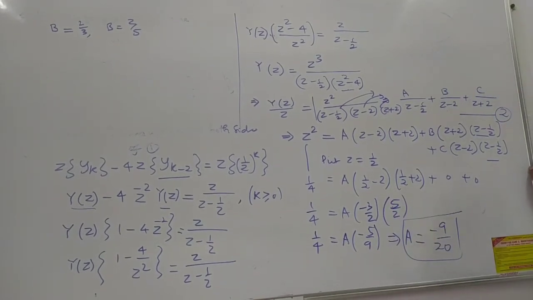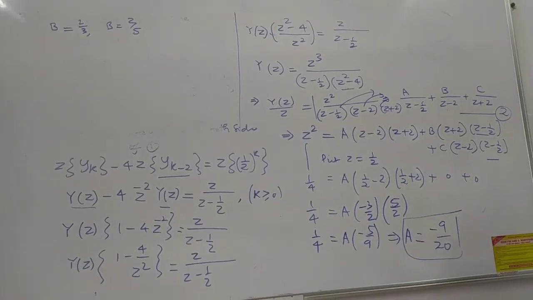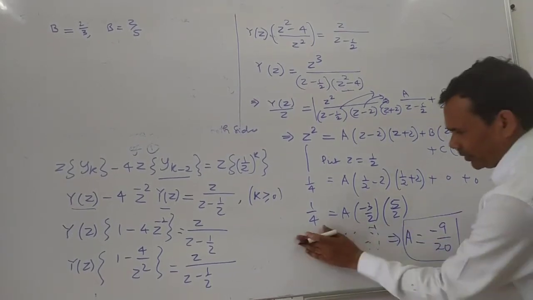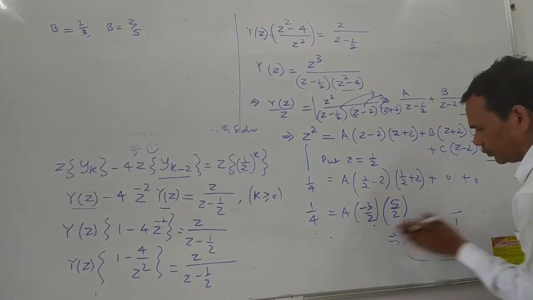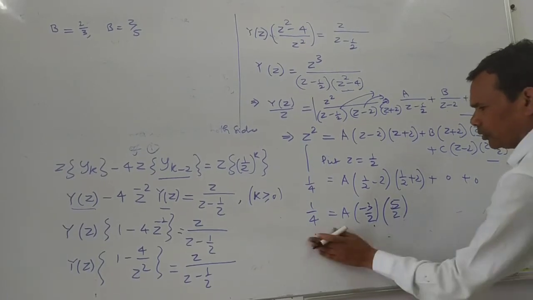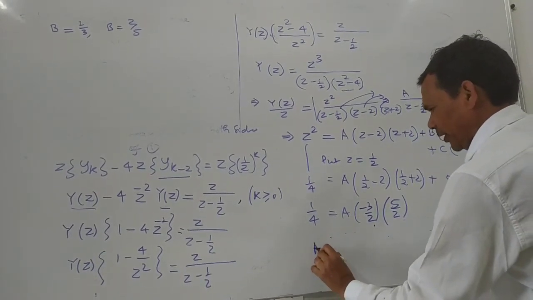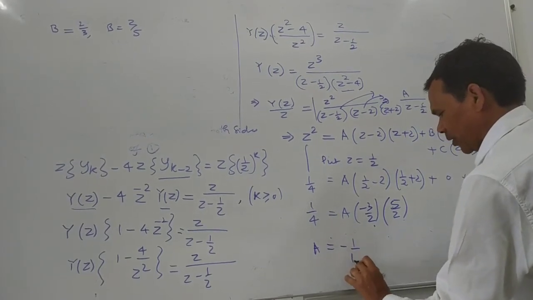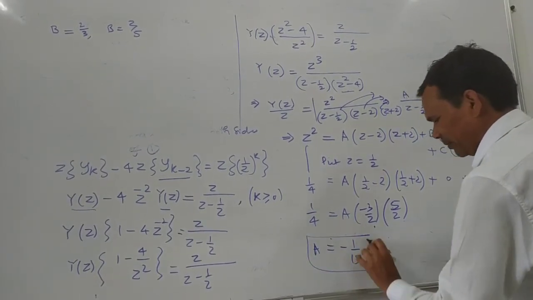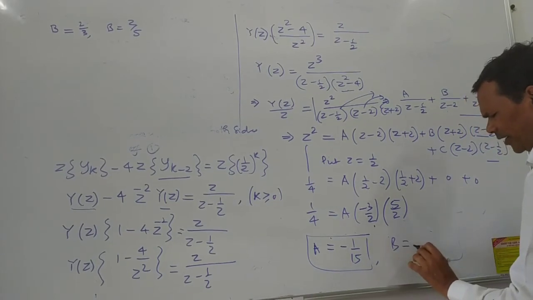If you simplify this, the 4 gets cancelled. So A is equal to minus 1 by 50.